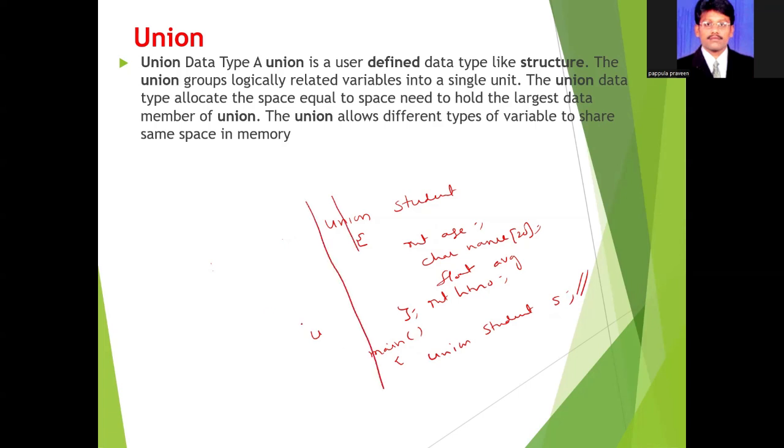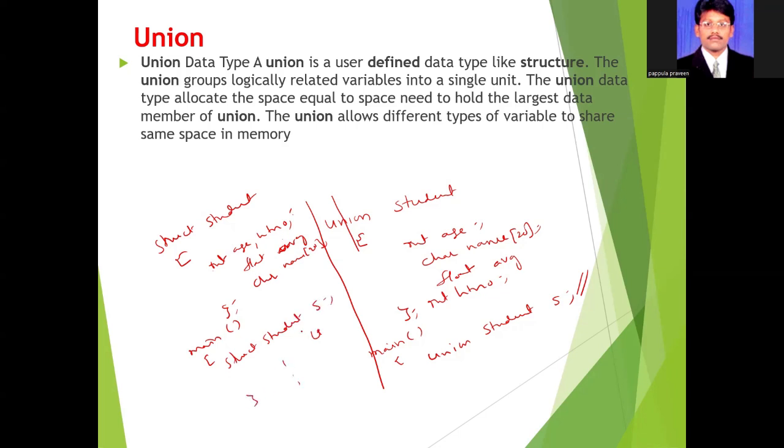In the same way I want to write the program. Struct student, open bracket, int age, roll number, float average, char name of 20. Main, open bracket, struct student s.